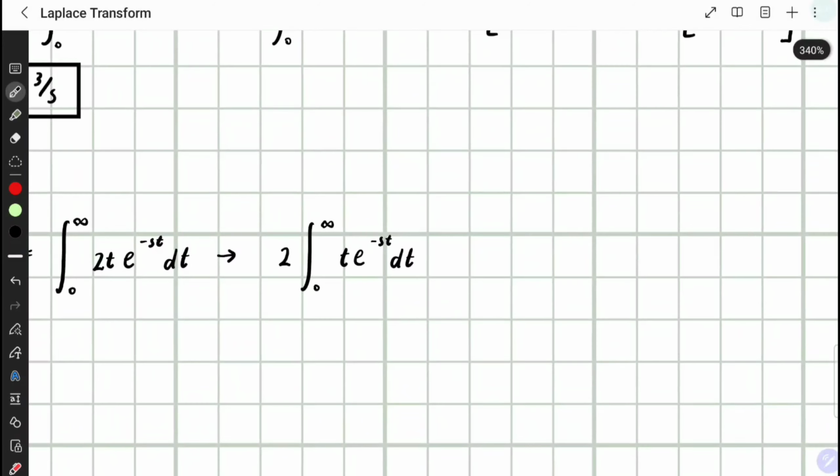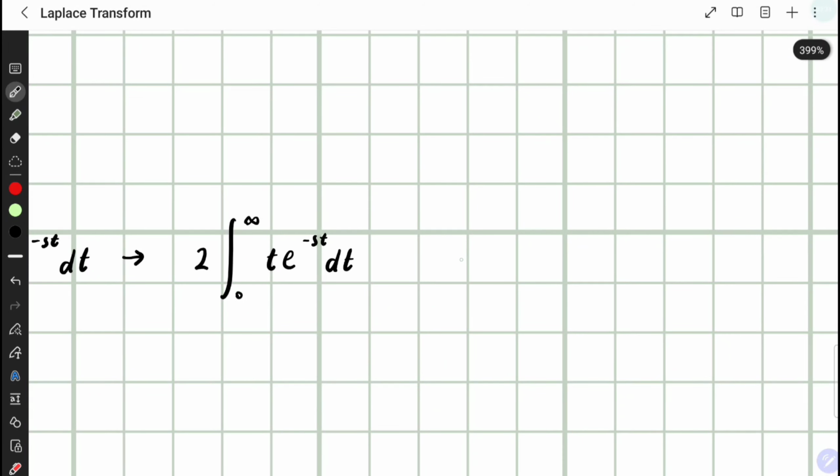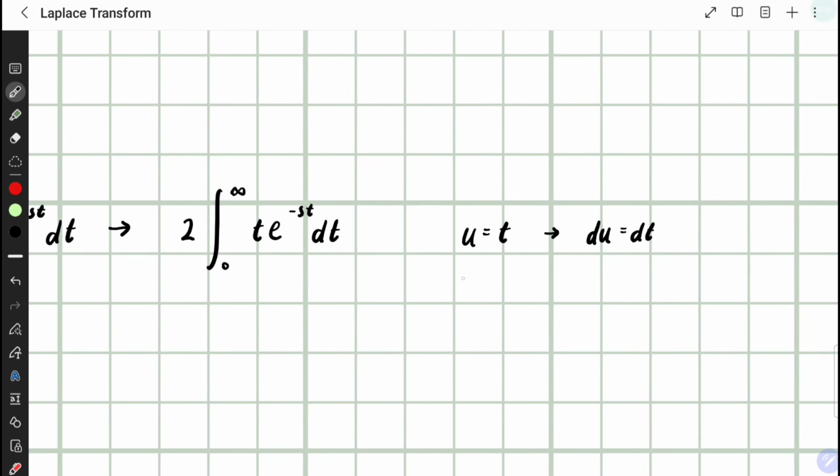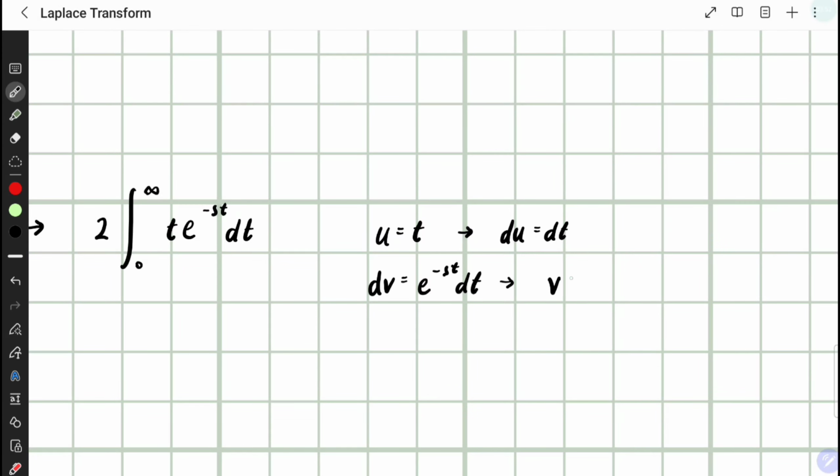We substitute in u here. So u will equal t, which means du is dt. Our dv is the rest, e to the negative st dt, which means v, the integral of that, is just negative 1 over s e to the negative st.